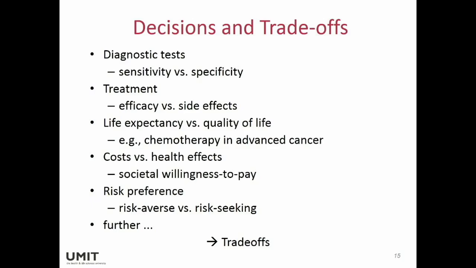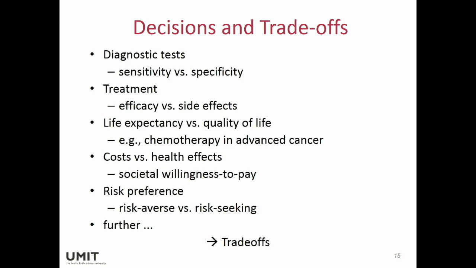So what are the typical decisions and trade-offs we face in some of these areas? You may know that diagnostic tests come with a threshold, an ROC curve, and you have to trade off sensitivity versus specificity. Who has worked in that area and has generated an ROC curve?